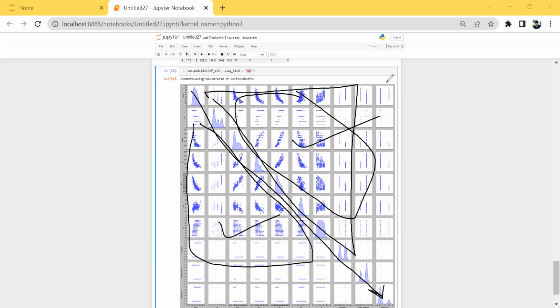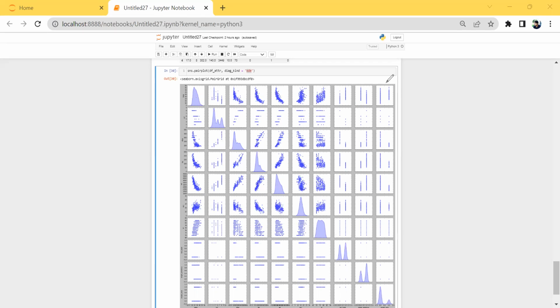I'll try to interpret that particular thing here. First of all, when you look at the first plot, that is mpg versus cylinder, what is it actually saying?